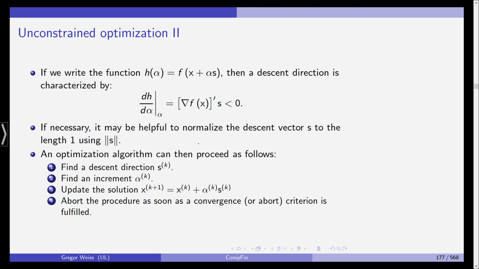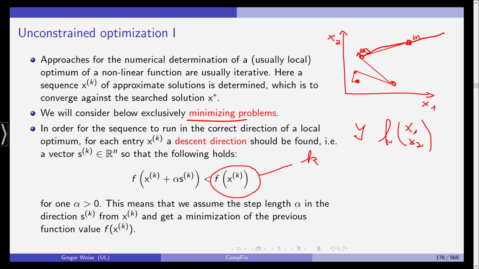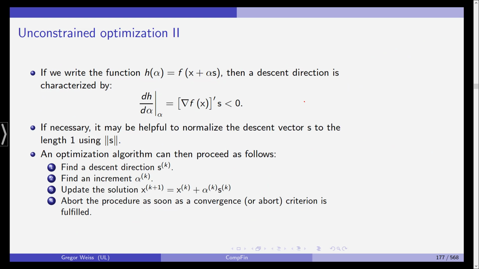So a general optimization algorithm could then proceed as follows. You first have to find a descent direction. In the last slide we've seen we could also have gone this way, or we could have gone this way, and then you get a different descent vector in every step. Then you need to find the step length, the increment alpha.